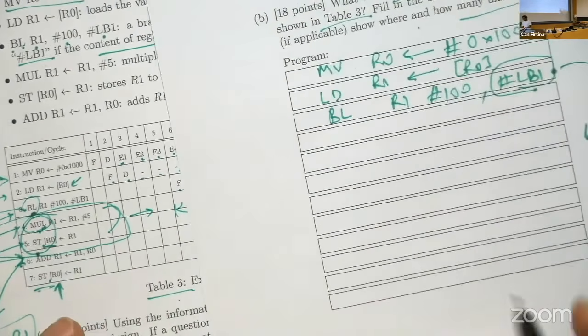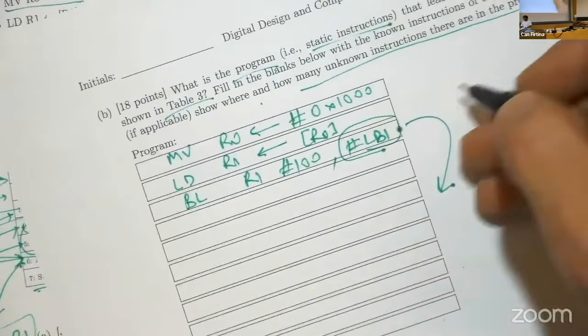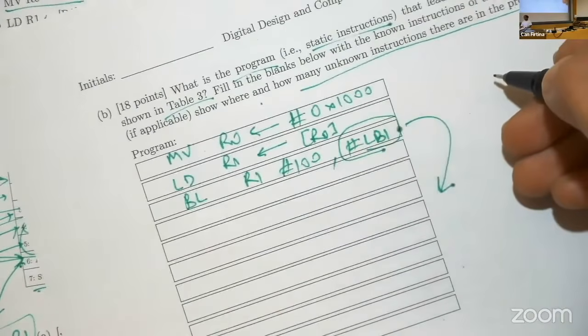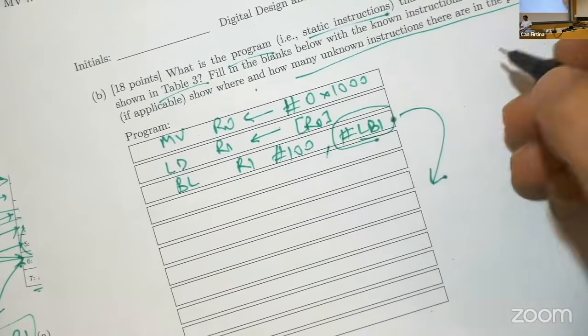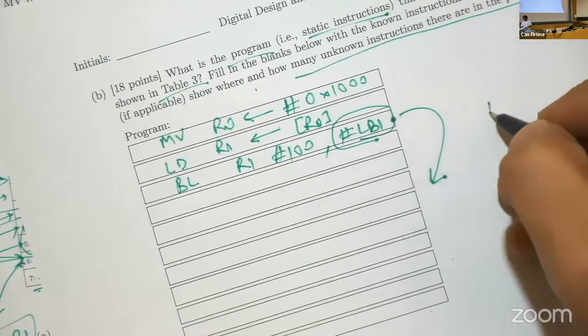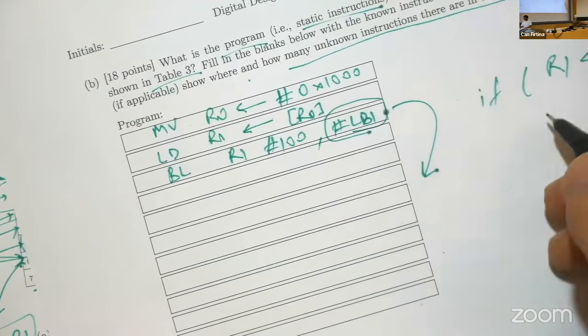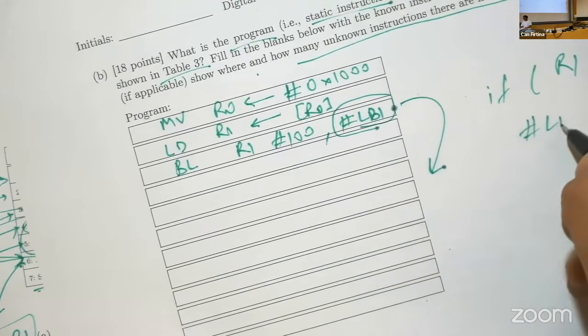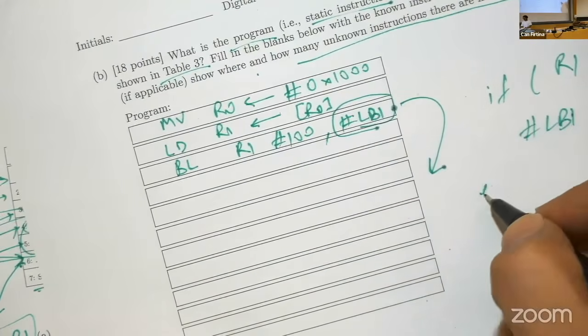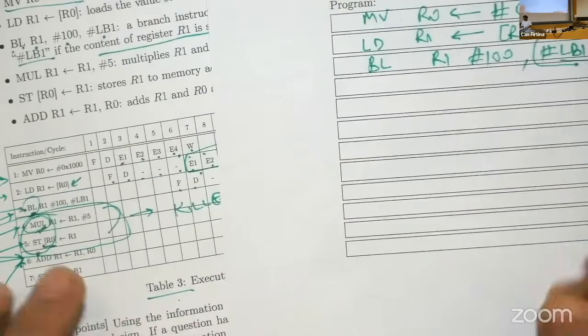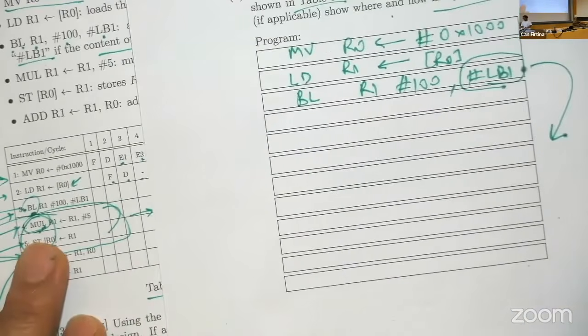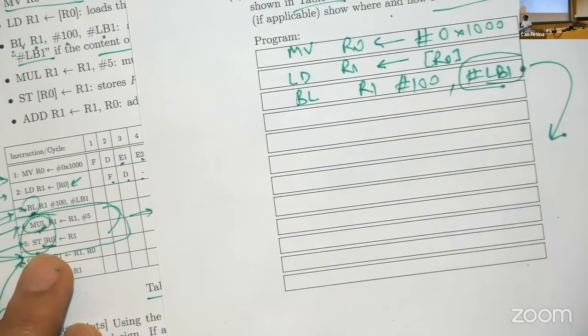All right. If I think of the C code for this binary stream, I would say this would be an if R1 less than 100. If this is less, then go to LB1, else go to this mul and this store.